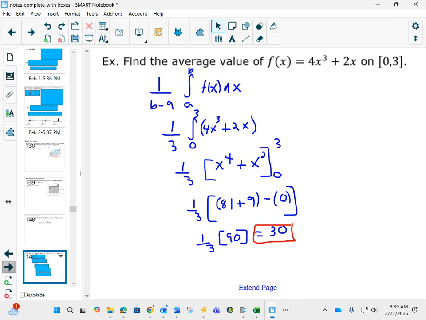If you just looked at this graphically, it'd be like, how do I figure that out? It starts at 0, it ends at 90. If it was a perfectly straight line, we'd be able to say the average would be 45, going from 0 to 90. But it's not a perfectly straight line.